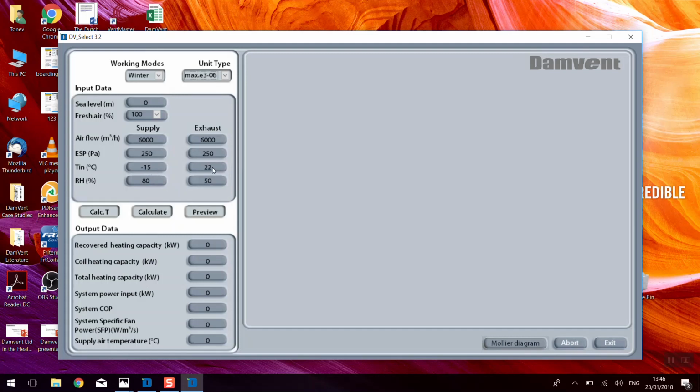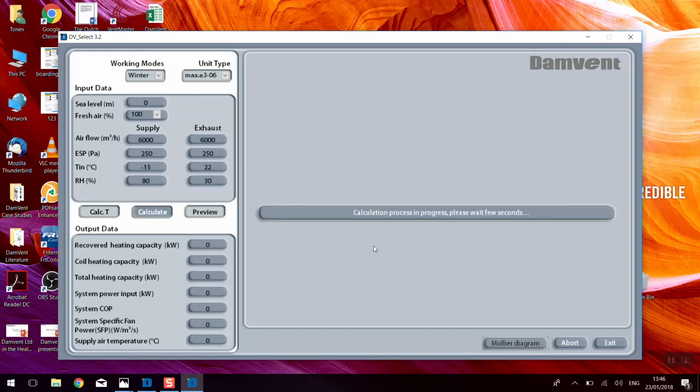As an extract temperature from the room, we always put 22 degrees. We believe that below 22 the temperature is not that comfortable, so we always rely on 22. I will change it here to 30%, and now we can perform one calculation.